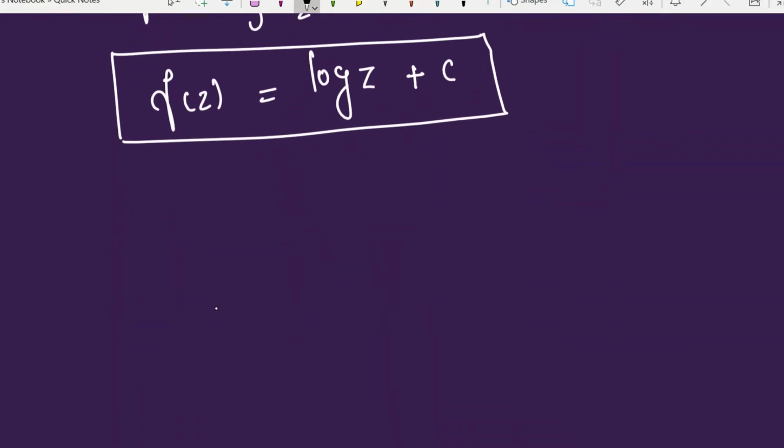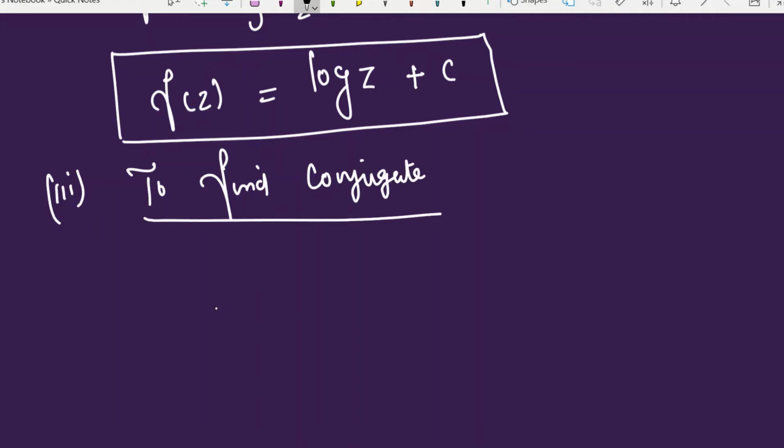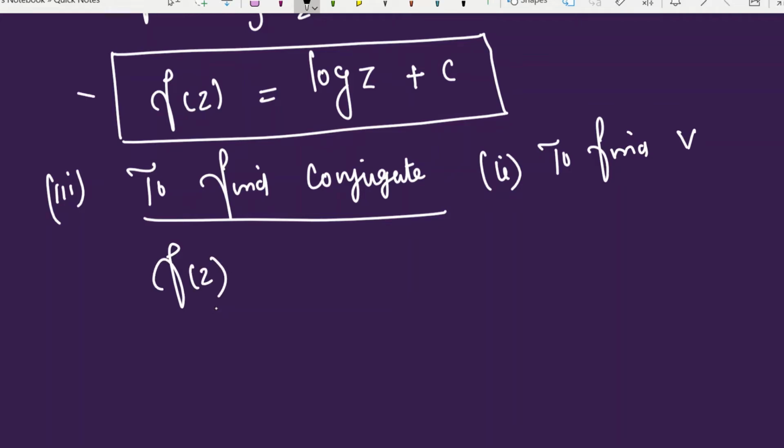Now, the third part is we have to calculate the conjugate. To find the conjugate, in this question we are given the real part, so the conjugate of the real part is our imaginary part, that is to find v. So for finding the value v, you consider this f of z without the constant. So f of z equals log z.